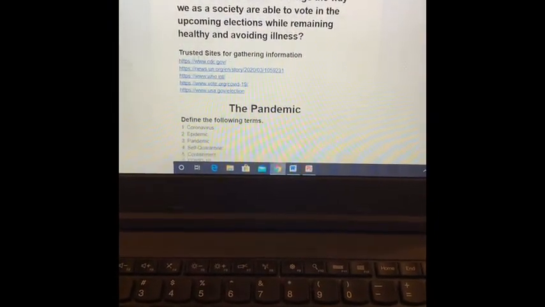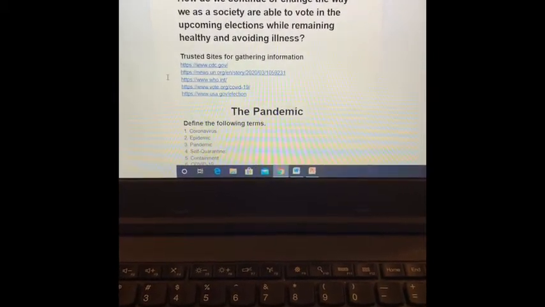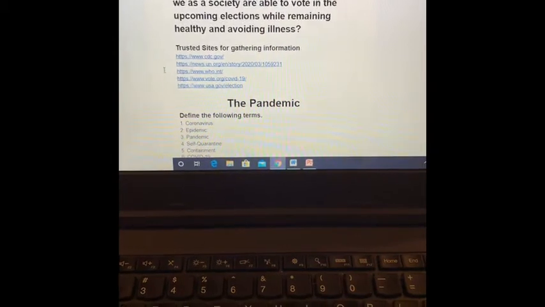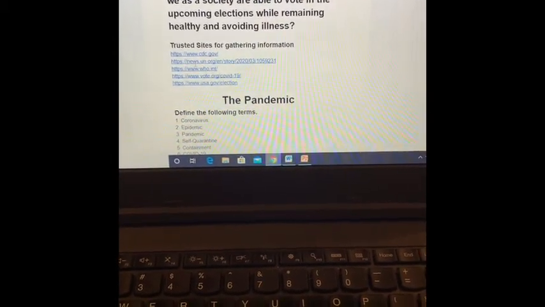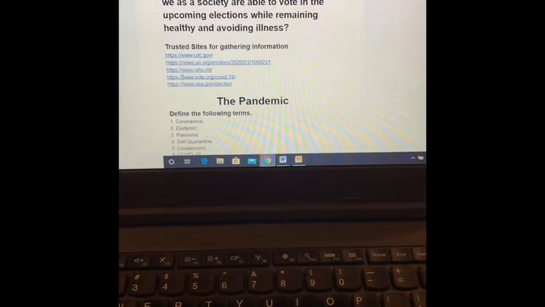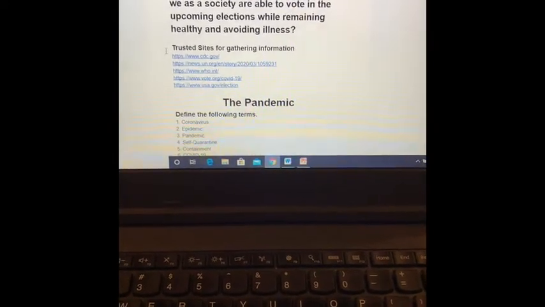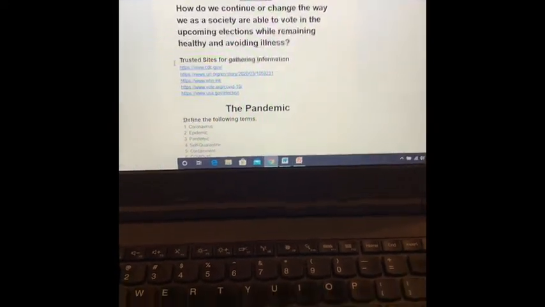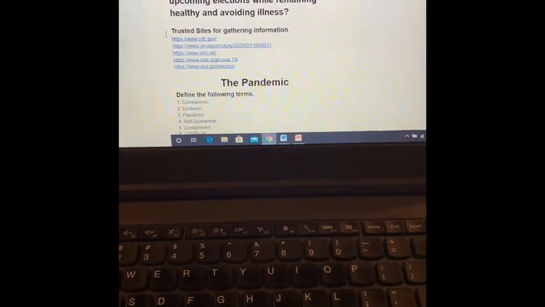Let me just scroll down so we can get into this. So here are some of the websites that I've given the students to do their research. The CDC, a few news articles that are directly applicable, World Health Organization, vote.org, and USA.gov. So they'll be able to use these resources to learn about the election process, learn about what's going on with COVID.